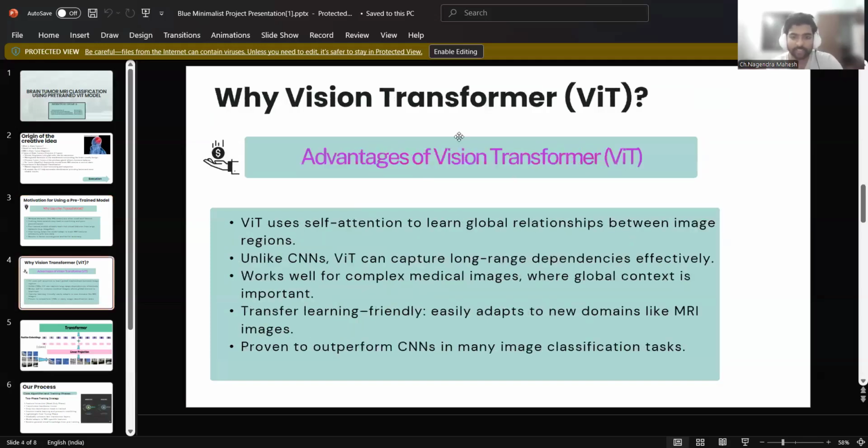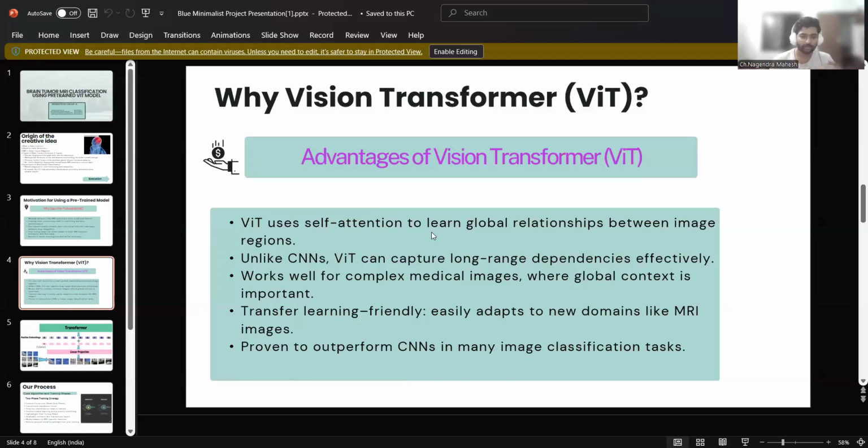So what is the advantage of a vision transformer? A vision transformer uses self-attention networks to learn the global relations between the image and its regions. Unlike CNN, ViT captures long-range dependencies effectively, and in the medical field it is very important to have more global relationships.